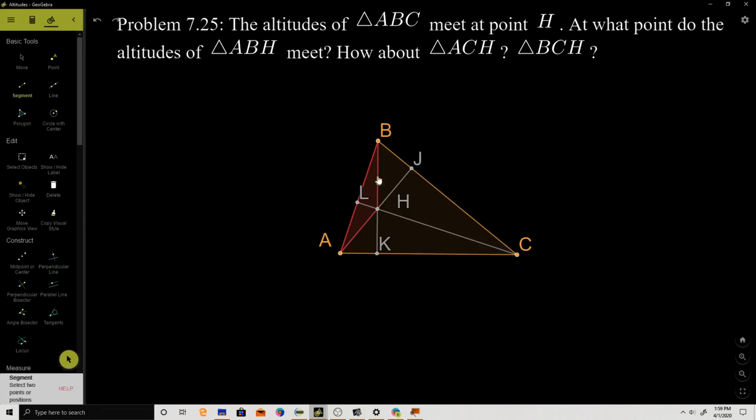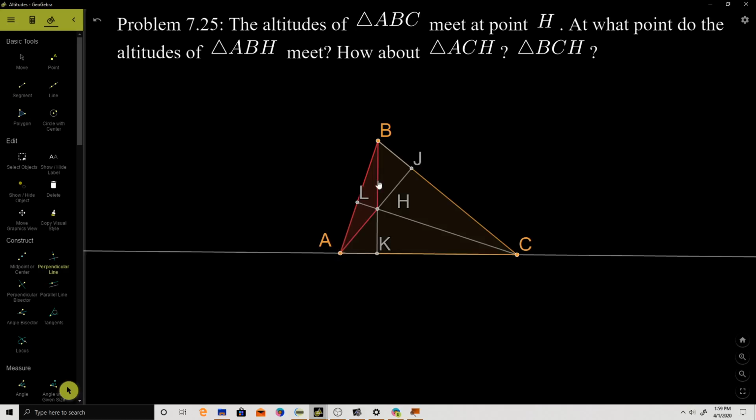And then we have to make another segment like this. And then that means I'm gonna have to make one like this too. Draw the perpendicular line from A. Now the base would be at BH. So right here.